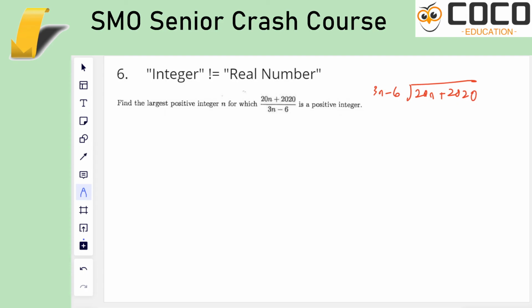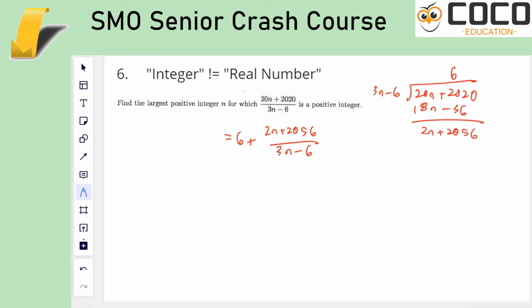So for instance, I can actually just take a twist on my long division where I take the largest integer that fits and so I write this as 6 plus 2n plus 2056 over 3n minus 6.